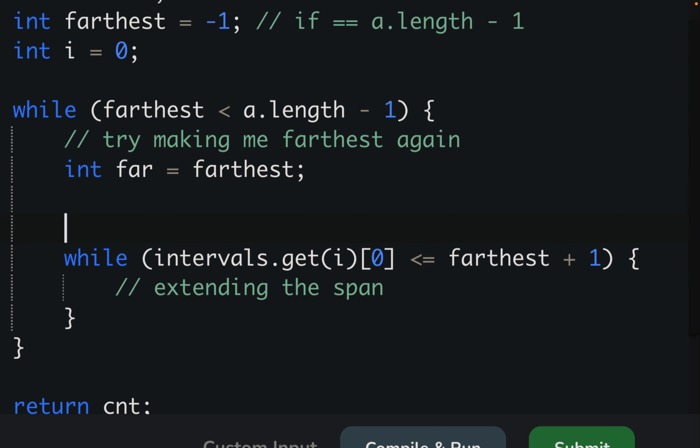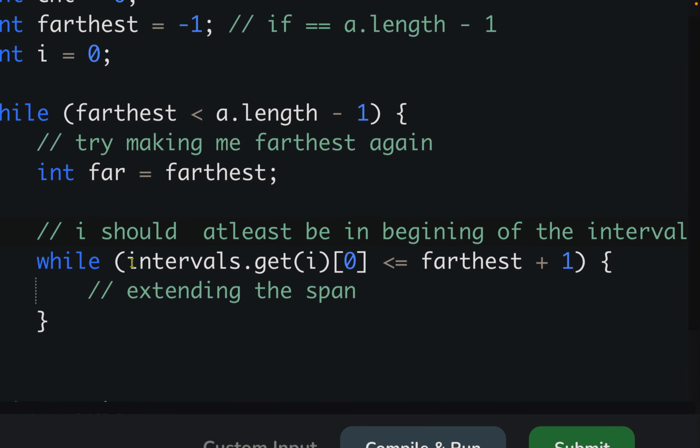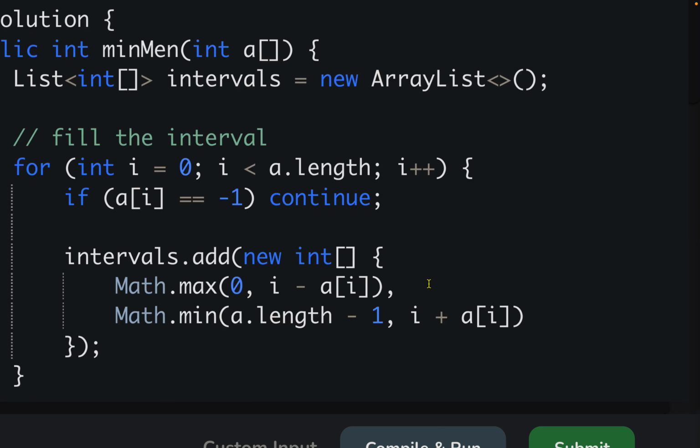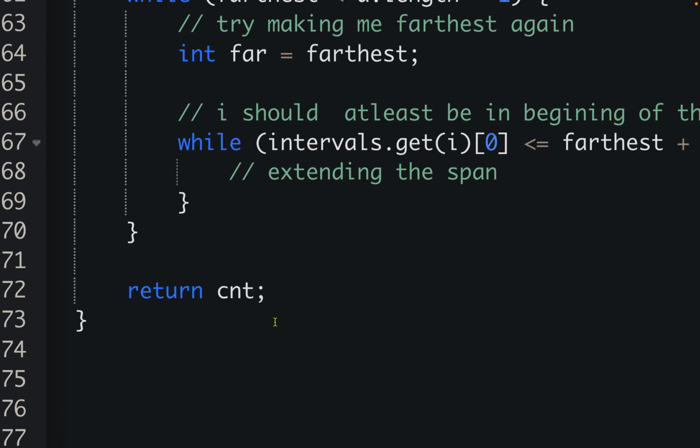The prerequisite or the criteria here is I should at least be in the beginning of the interval. So I have this interval, this one. If I can reach at most till this interval, then I can think about extending. Think of it like this: if I cannot reach this point, forget about extending till 6, forget about extending till 7, because I cannot reach even the 4th location. That is what it denotes.